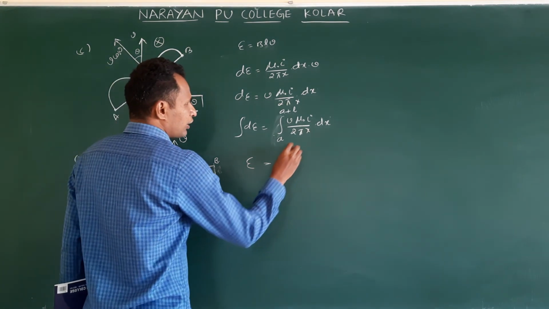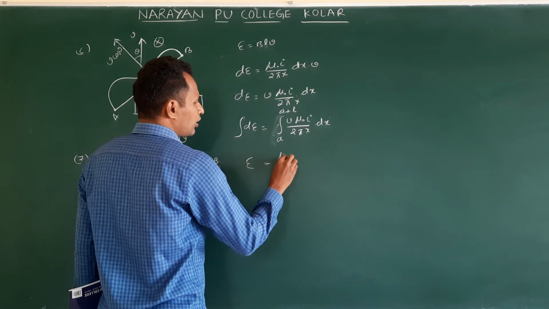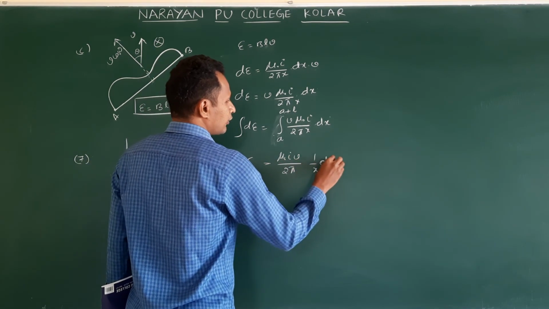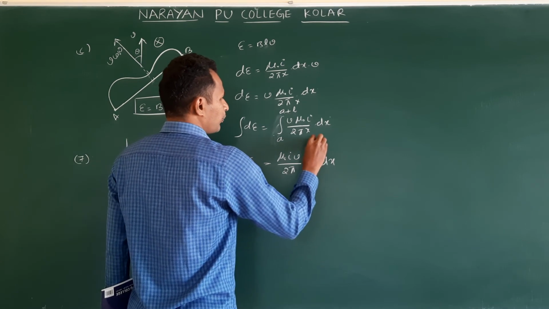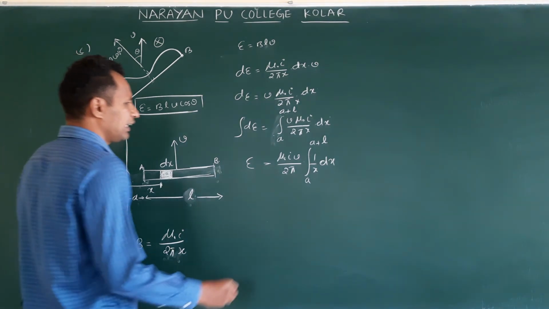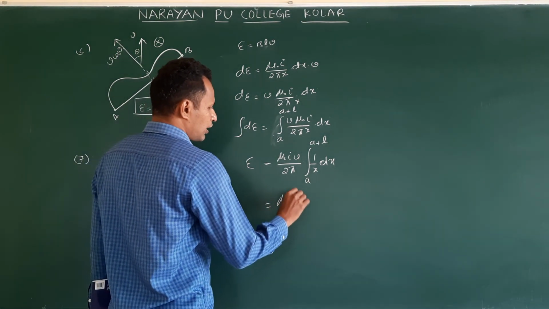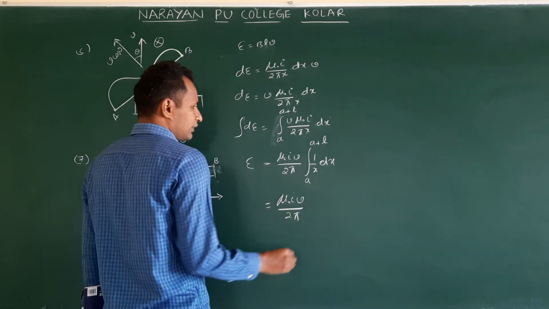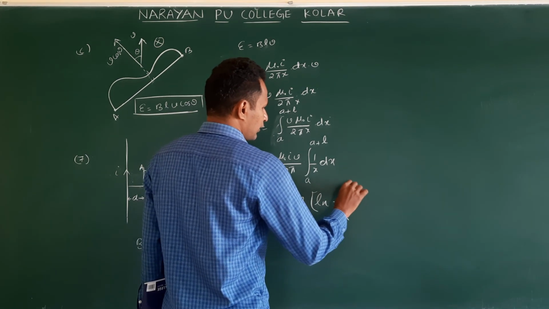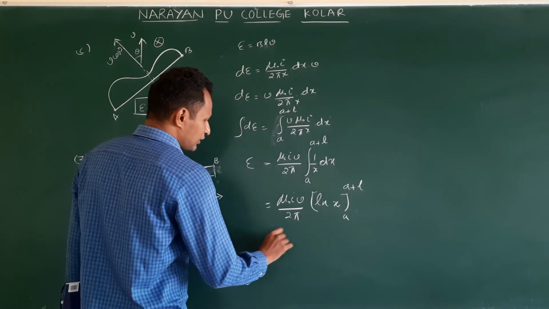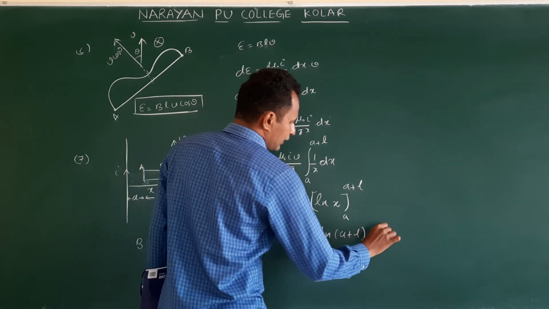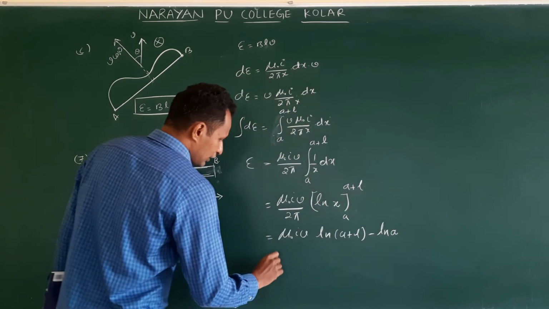So this is constant outside: mu naught I v by 2 pi, integral of 1 by x dx from a to a plus L. The integral of 1 by x dx is ln x. Substitute the values: mu naught I v by 2 pi, ln x from a to a plus L. If you substitute these limits, mu naught I v by 2 pi times ln(a plus L) minus ln a.